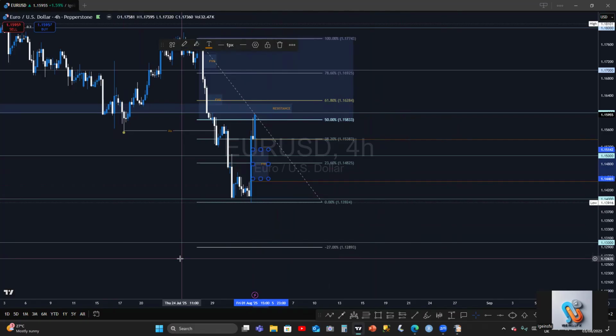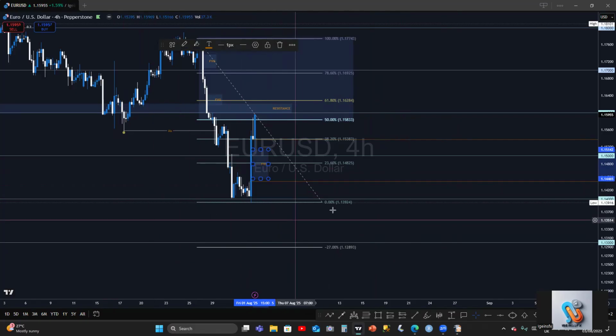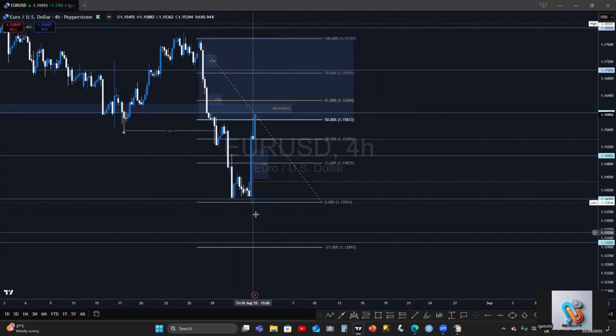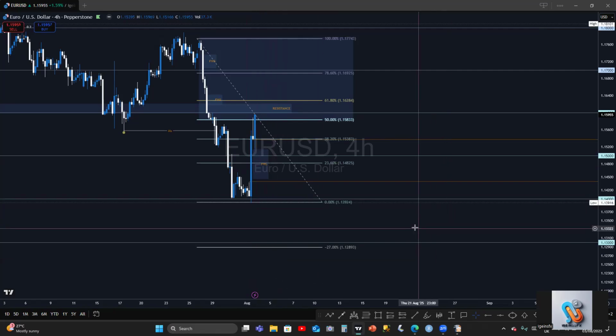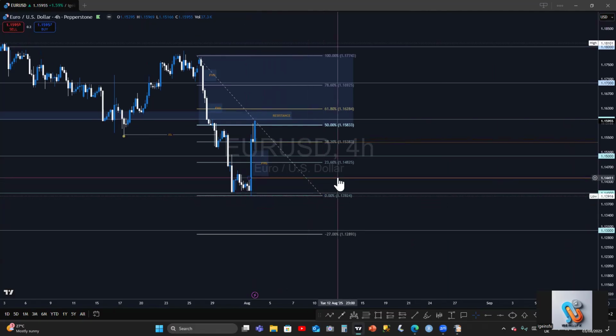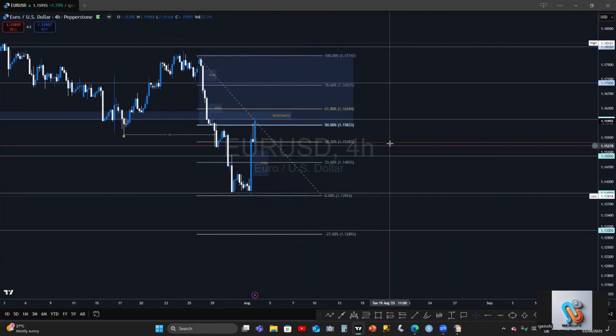And once you say imbalance, you are referring to FVG. So it's a gap that price action creates anytime there is a volume in the market. So this very point here, we should be looking at price returning back to closing up this gap.